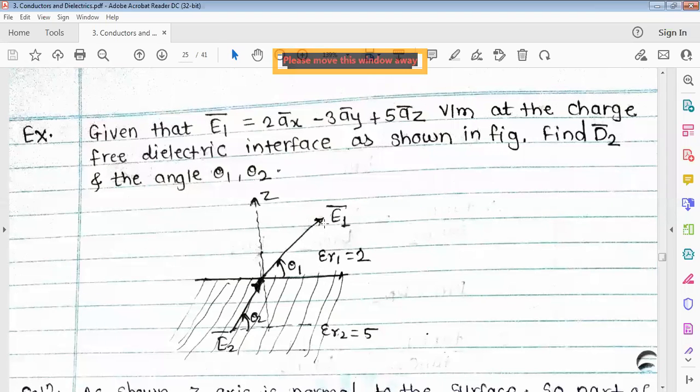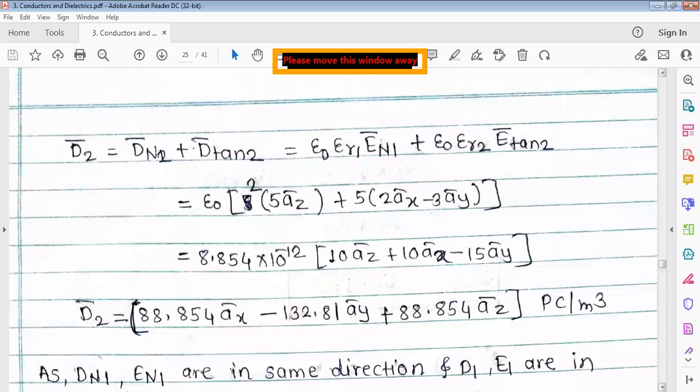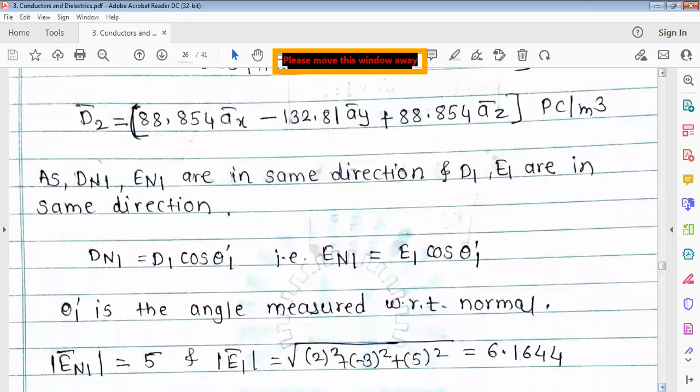So cos theta 1 is nothing but this axis, the tangential component, divided by this E1 bar there. We'll see for the normal component.